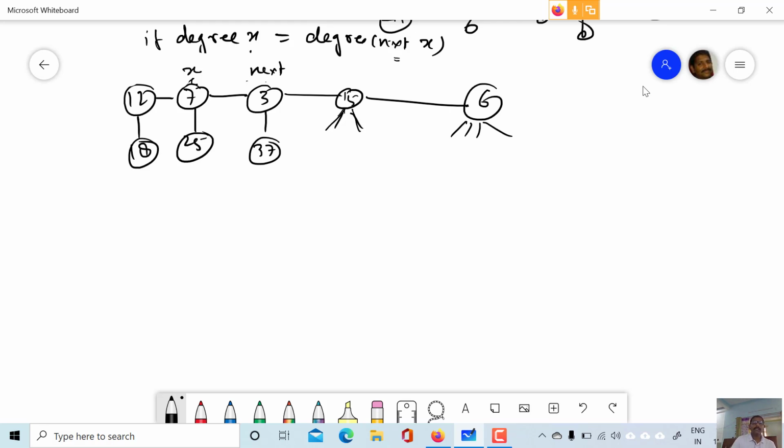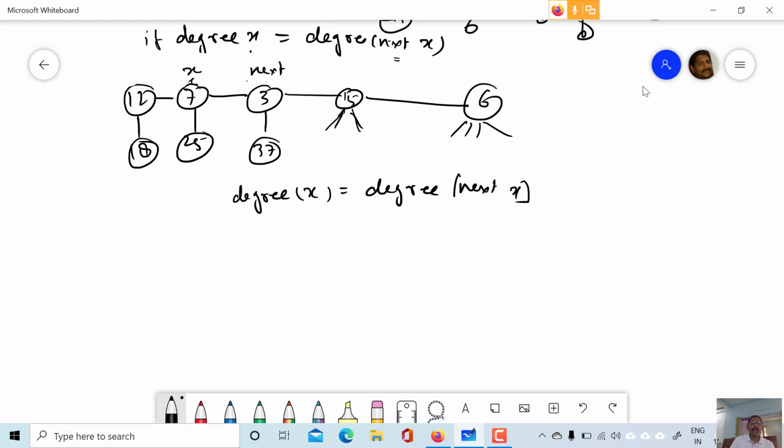X and next X are both having degree 2, and by the same rule, degree of X is equal to degree of next X. Therefore either case 3 or case 4 will be applied.